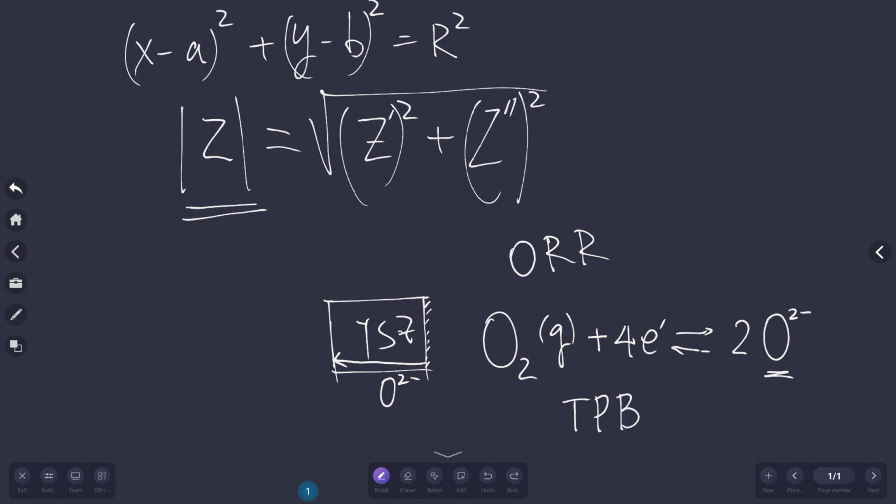So depending on what porosity size you have in your platinum ink that is sitting as an electrode on that device, there may be a rate limiting step for oxygen to get to the TPB. And for those kinds of scenarios, you will get a straight line in your impedance.